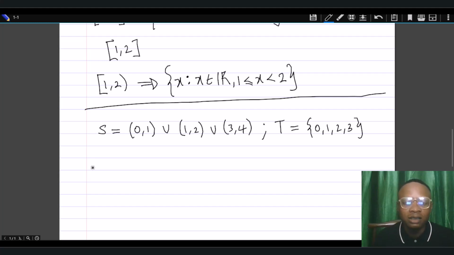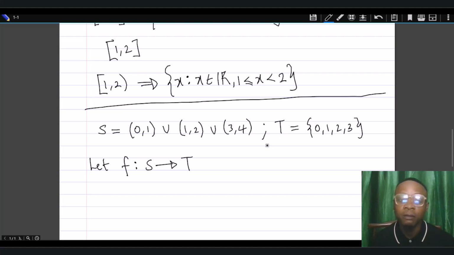So let's say we define, for instance, let f be some function from S to T. Basically, this means that S is going to be what we call the domain of the function, and T will be the codomain of the function. What is meant by a function from S to T?